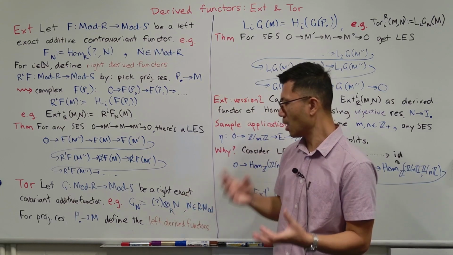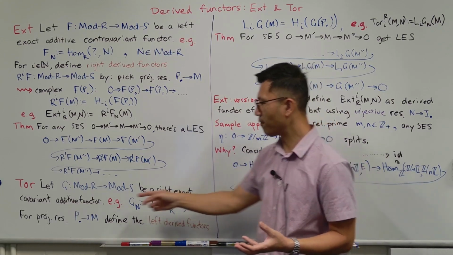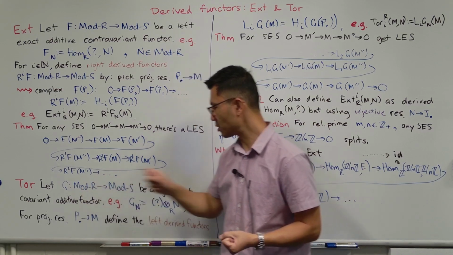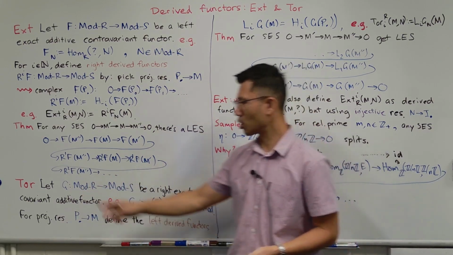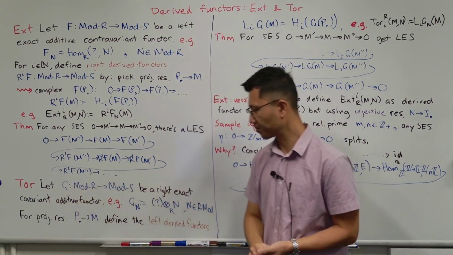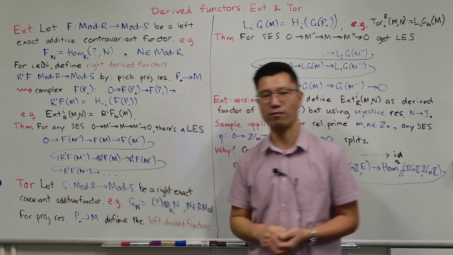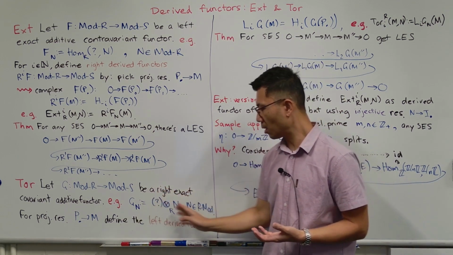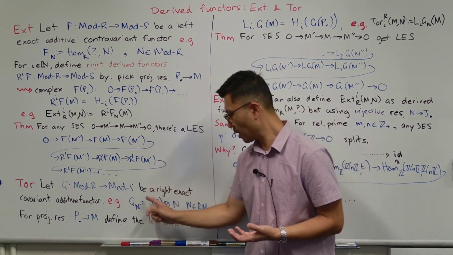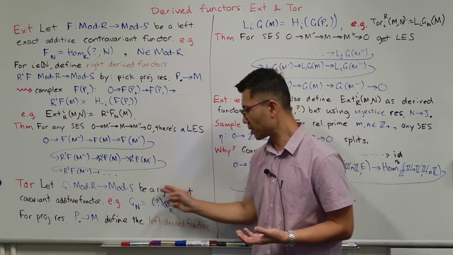So here we're going to look at another functor from R modules to S modules again, but this time we're going to assume that this G is right exact, covariant, and of course additive. So what's an example of such a functor? Hopefully you've seen this. If not, just take it as something that's given.